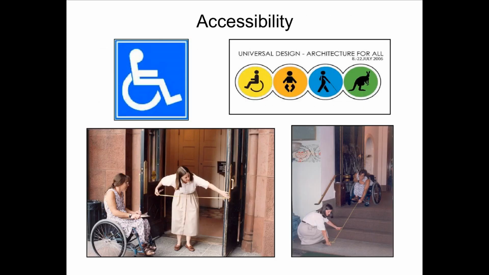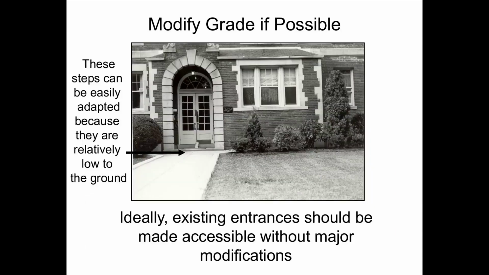Accessibility. Here's the big one. So when we're talking about ADA compliance and accessibility, modify grade if possible. These steps can be easily adapted because they are relatively low to the ground.